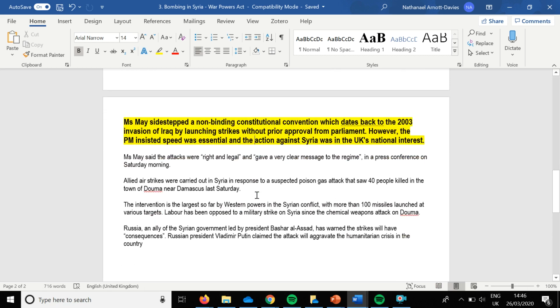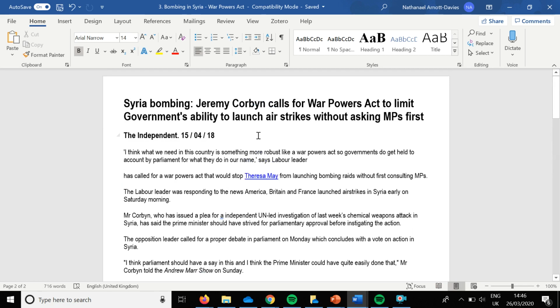And what Jeremy Corbyn called for at that time was a War Powers Act, a piece of legislation, a piece of statute, if we're thinking back to our sources of the Constitution, that would limit the power of the executive as a commander-in-chief. It would be a War Powers Act that he proposed that would effectively use statute to overpower convention. And if you know what that means, you've understood what I'm talking about.